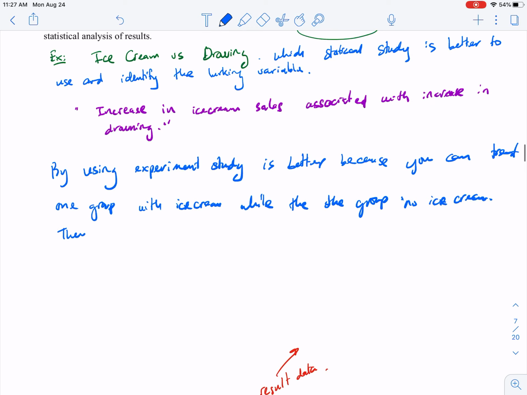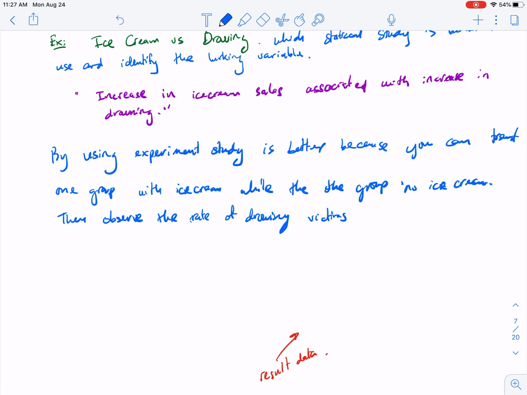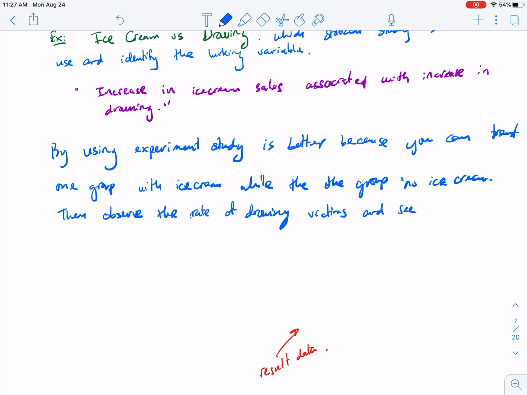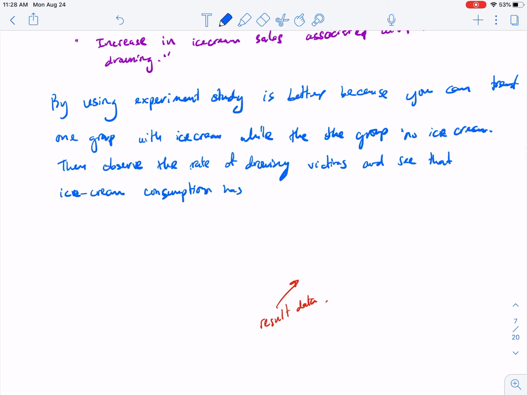And then you just observe the rate of drowning victims and see that ice cream consumption has no effect on drownings.